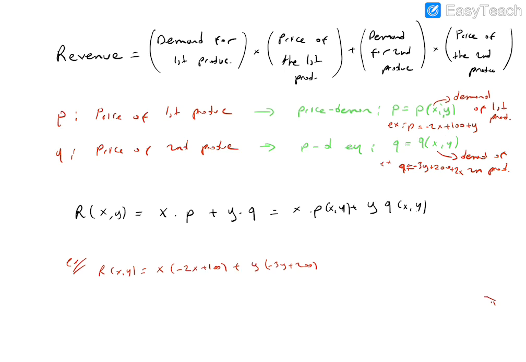For q, the increase of the demand for the second product decreases the price, but the increase of the demand of the first product increases the price. Okay, that is logical. So here our example will be this function. Symbolically I wrote it. In the problem solving lecture, I will solve an example related with this situation.